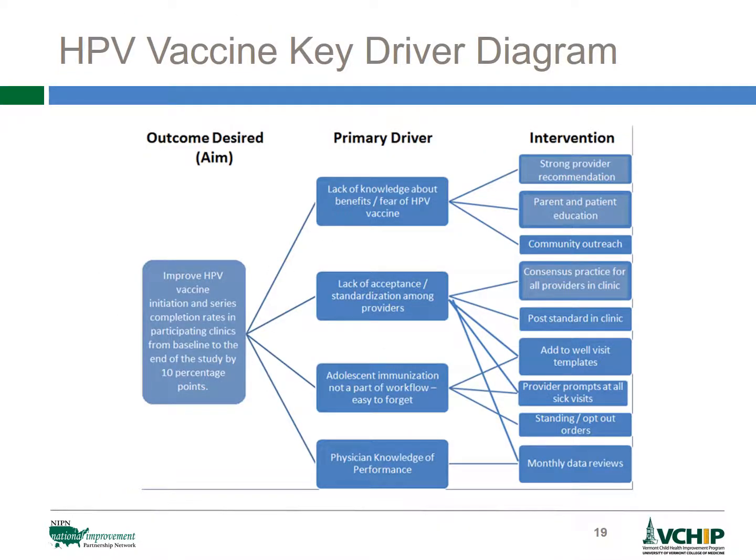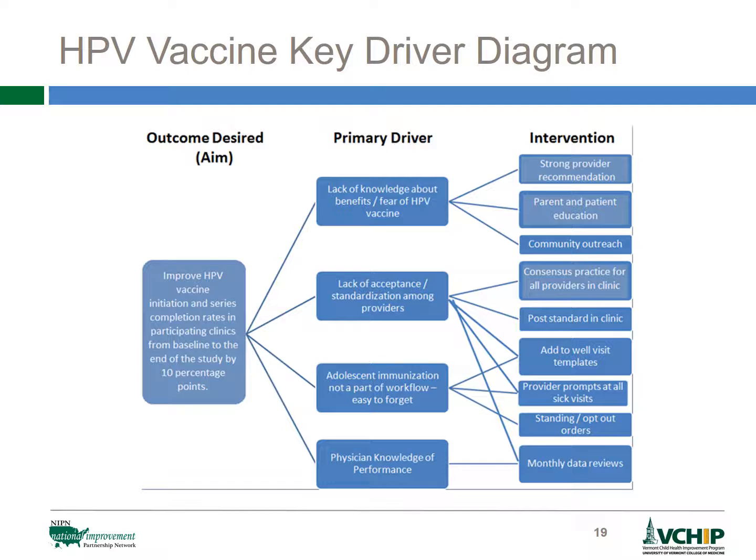This is an example of a key driver diagram specific to HPV vaccine, and this key driver diagram was developed for a project NIPN did with the Academic Pediatric Association. So in this key driver diagram, the key desired outcome or aim was to improve HPV vaccination initiation and series completion rates in participating clinics from baseline to the end of the study by 10 percentage points.